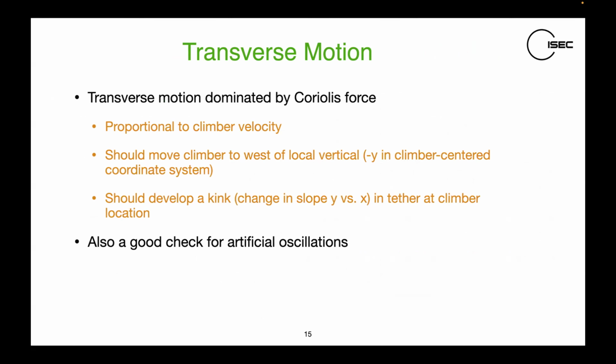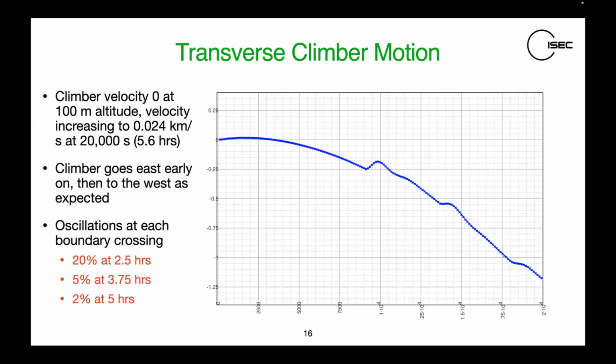Now, generally speaking, it's doing what it should. The climber is going off to the west, going negative. Something interesting has happened at small times, and that is that the climber actually initially heads to the east. That puzzled me for a minute, but then what I have to do in the Lagrangian is put in a term that accounts for the fact that the mass of the segments is changing.